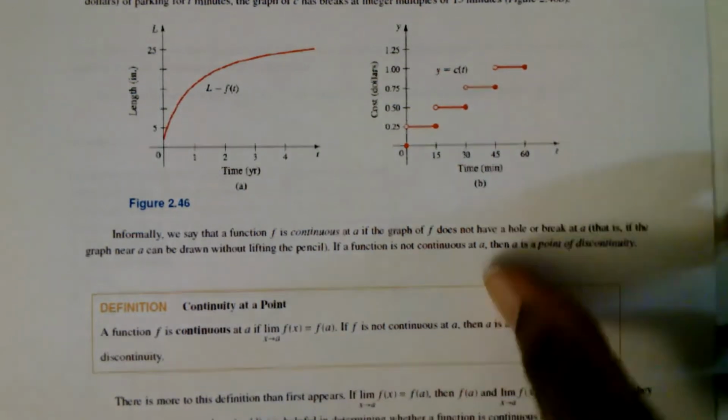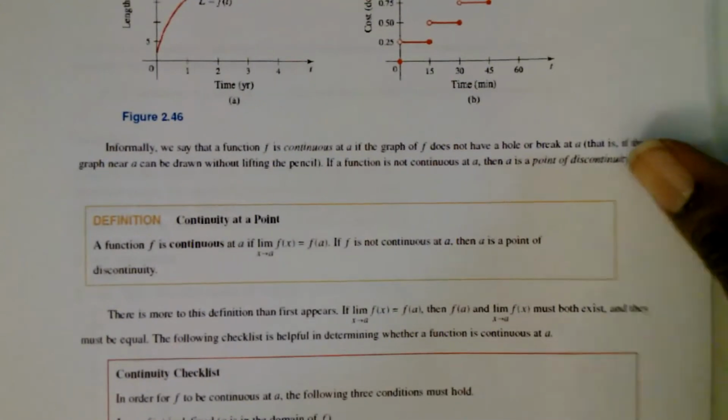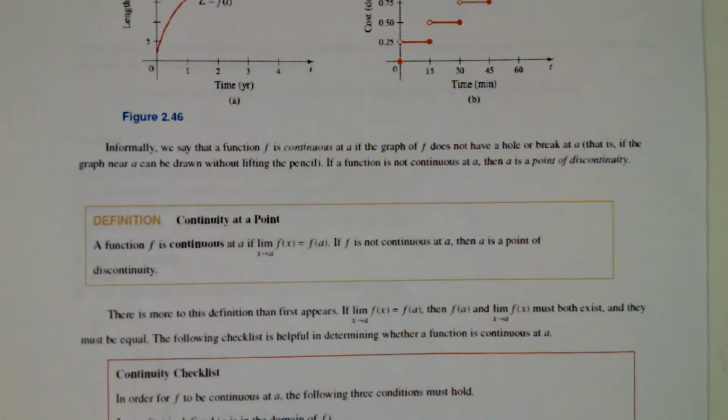So here's the definition of continuity at a point when we're dealing with limits. A function f is continuous at a if the limit as x approaches a of f of x is equal to f of a. If f is not continuous at a, then a is a point of discontinuity.